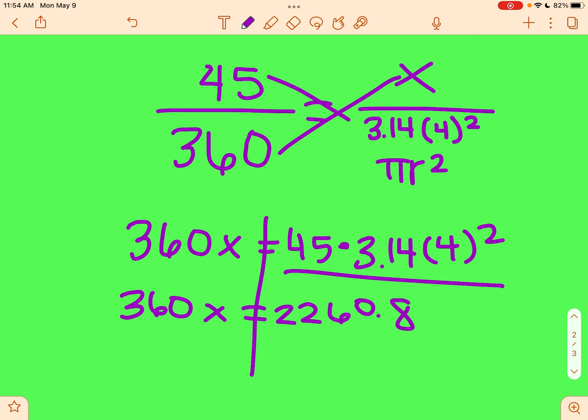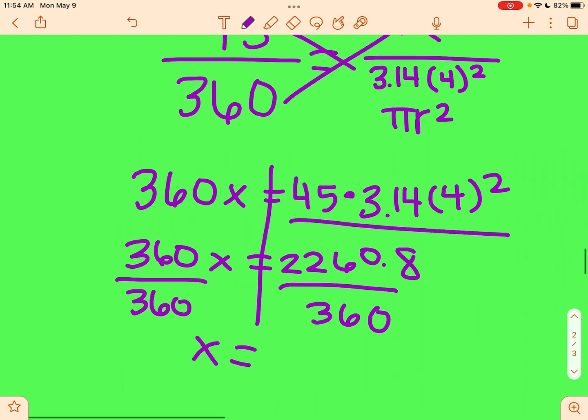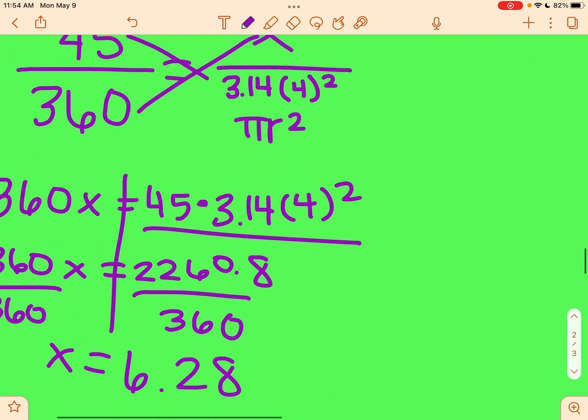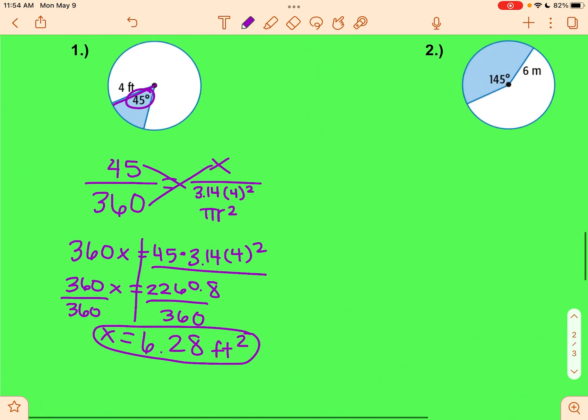Okay, now we need to solve. We need to divide by 360 because we want x all by itself. So for an area, I'm going to divide by 360. I get 6.28. What's our label? Feet squared. So that is the area of that little sector.